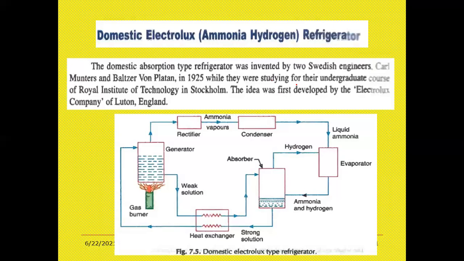Here, if we see the first one, whenever the gas is getting burned, the ammonia vapor passes through the rectifier and into the condenser. Then it passes from the condenser to the evaporator.